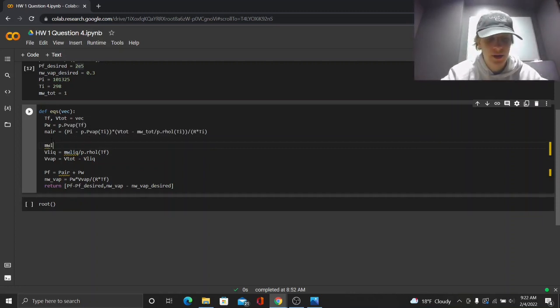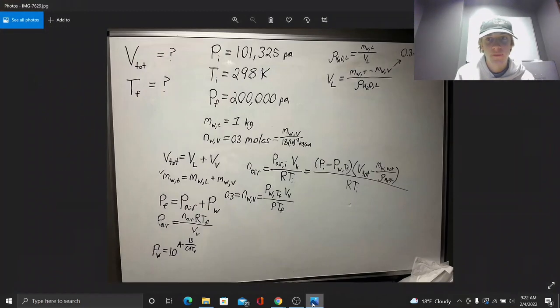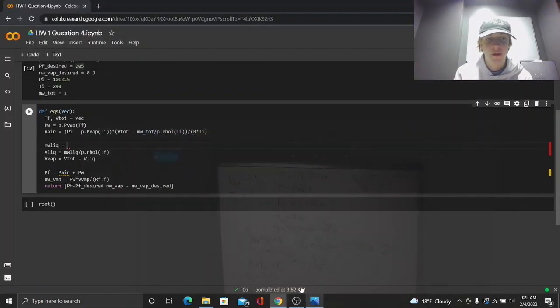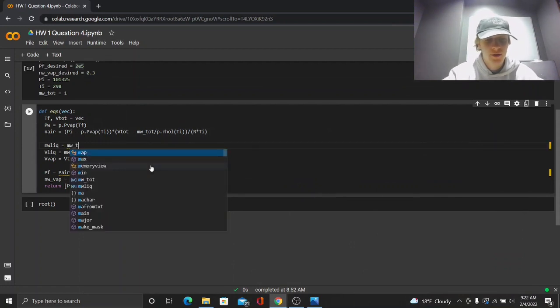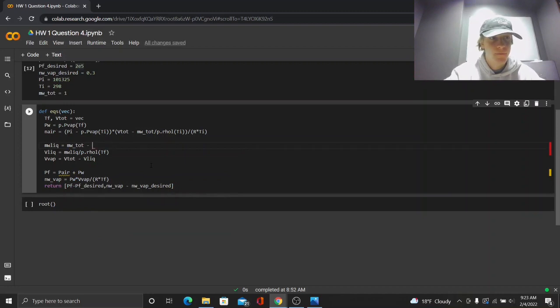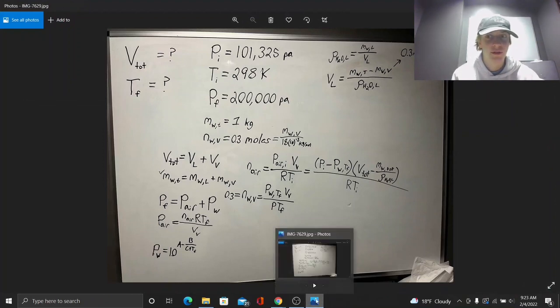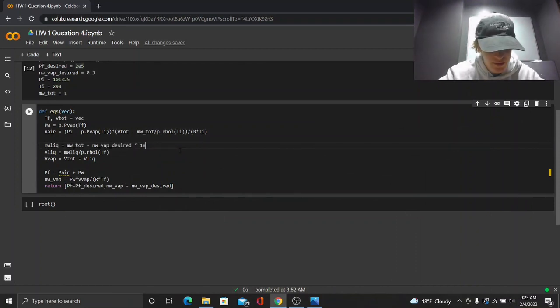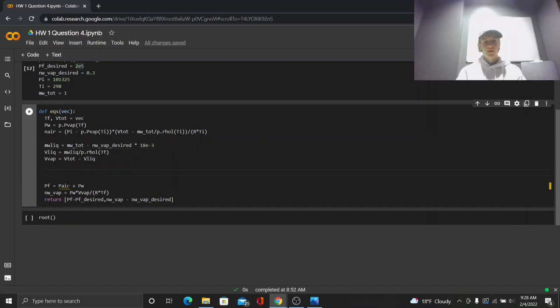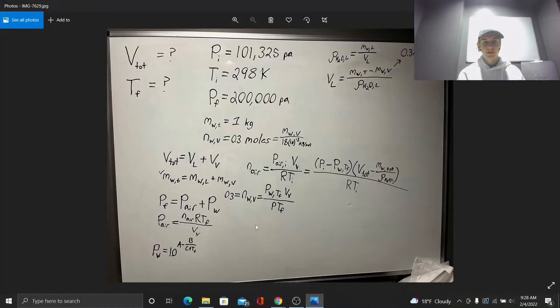The mass of the water in the liquid phase is equal to, from here, the mass of the water total minus our moles of vapor desired times 18 times 10 to the negative third kilograms per mole.